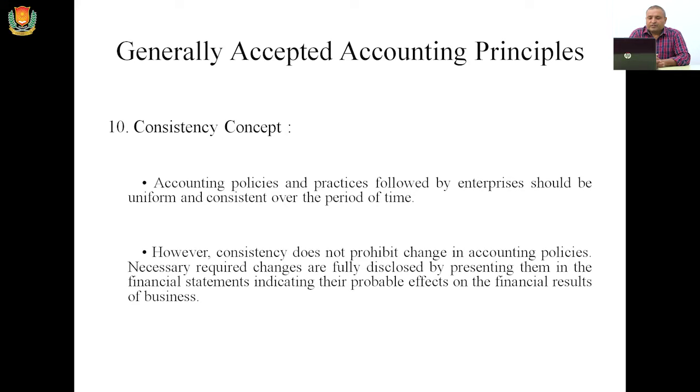Accounting policies and practices followed by the enterprise should be uniform and consistent over a period of time. However, consistency does not prohibit changes in accounting policies. Necessary required changes are fully disclosed by presenting them in the financial statements, indicating their probable effects on the financial results of the business.